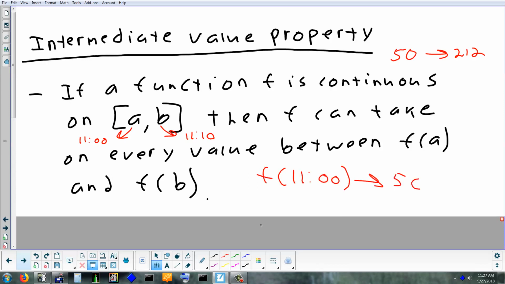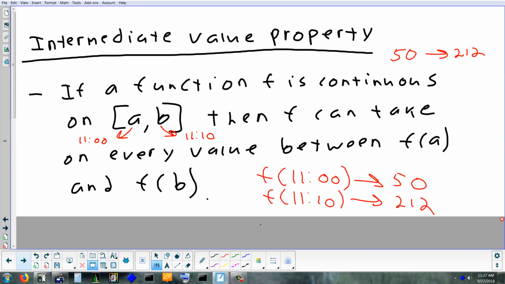That's where the temperature started. The value at 11:10 was 212.